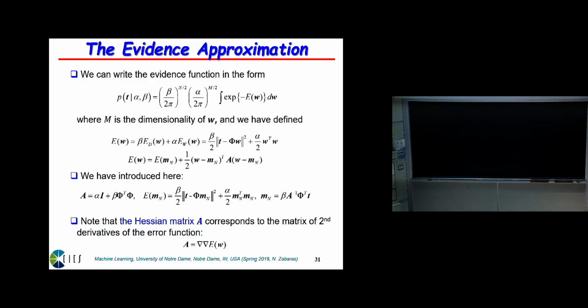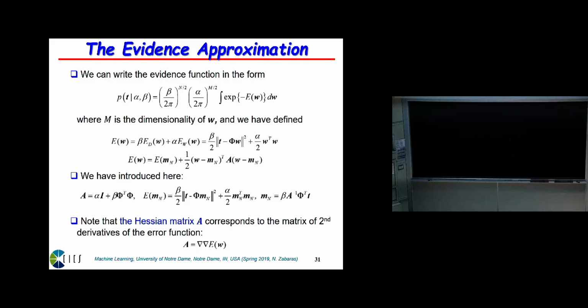The first term is missing because we minimize this with respect to W, so the first derivative is 0 to get this estimate Mn. There is a reason we wrote it like this, because now this is constant, so I can move this term out. Just look at these equations: I have defined A to be alpha I plus beta phi transpose phi.